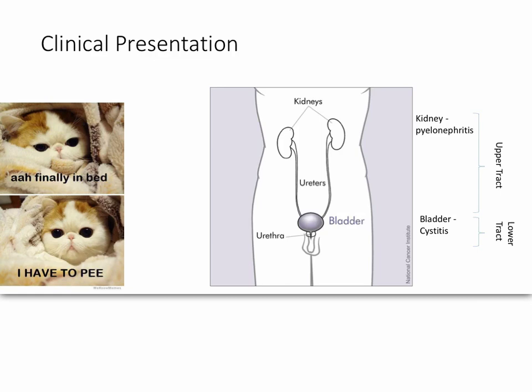And by the way, I think we should change the word urgency to urgent P. It's the same number of syllables, and it describes better what's actually happening. So the clinical presentation of an upper tract pyelonephritis are flank pain, fever and chills, malaise, pyuria, bacteria, and sometimes nausea and vomiting.